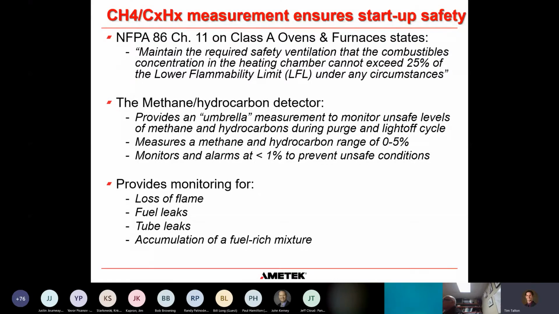By monitoring for methane and hydrocarbon during a startup condition, you can ensure that you're below 25% of the lower flammability limit. The methane hydrocarbon detector provides an umbrella measurement, which we'll get into a little bit later, to provide a means of monitoring for unsafe levels during purge and light off cycles.